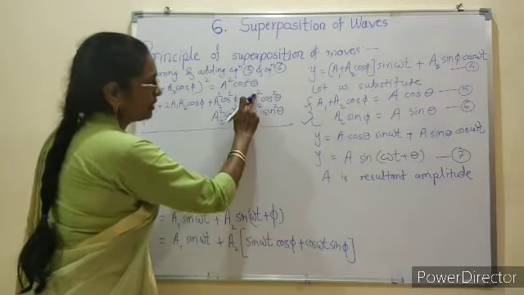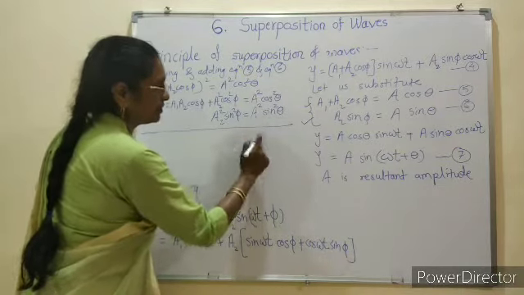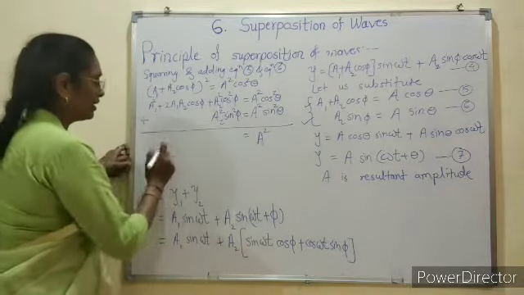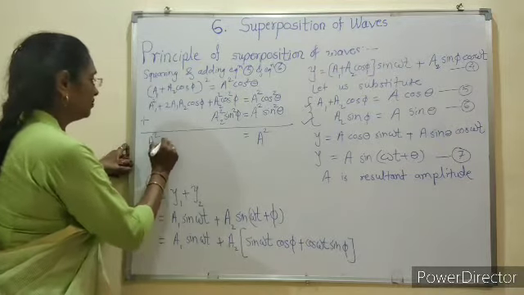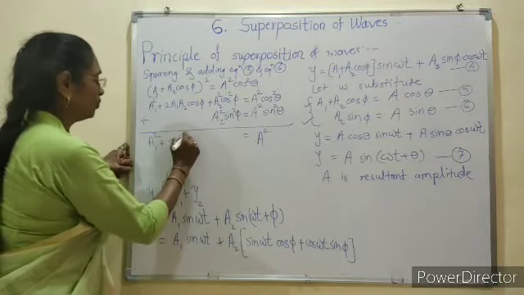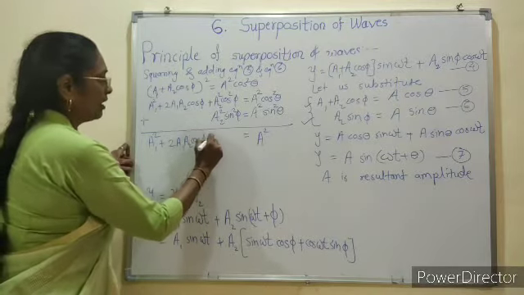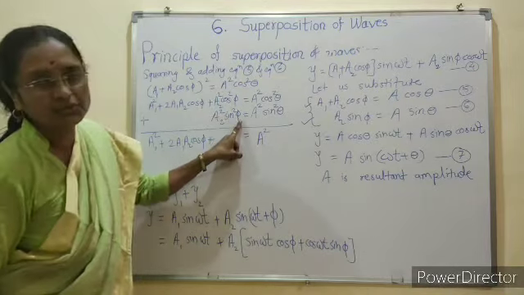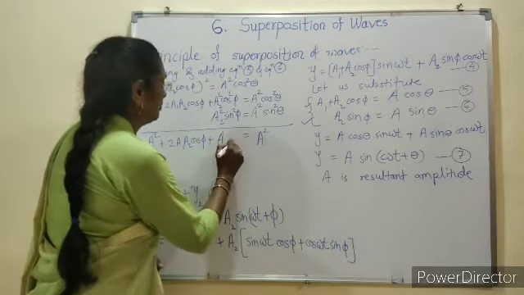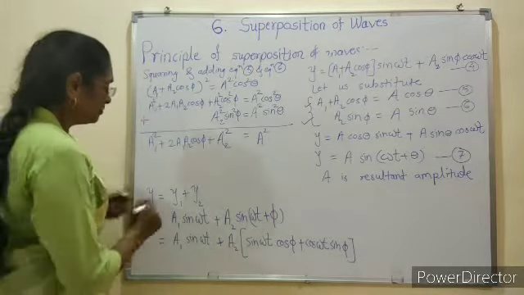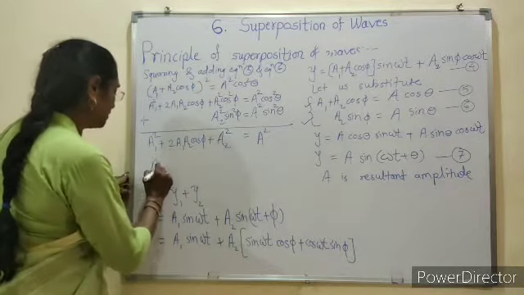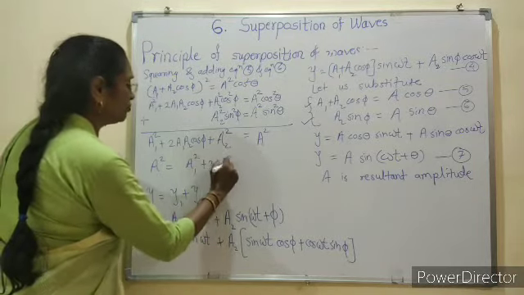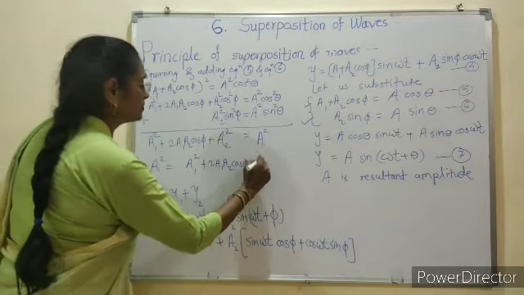For the RHS, it is simply A square cos square theta plus A square sin square theta, which becomes equal to A square. On the LHS, it is A1 square plus twice A1 A2 cos phi, and the third term, A2 square cos square phi plus A2 square sin square phi, is simply A2 square. So we get A square is equal to A1 square plus twice A1 A2 cos phi plus A2 square.